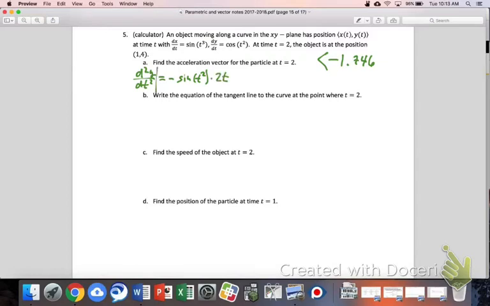If you evaluate that again at t equals 2, similar type of situation here. What number do you guys come up with for that one? 3.0272. Okay. I struggle with reading that sometimes too. So that would be your acceleration vector when t equals 2. That's it for A. Any questions on A?